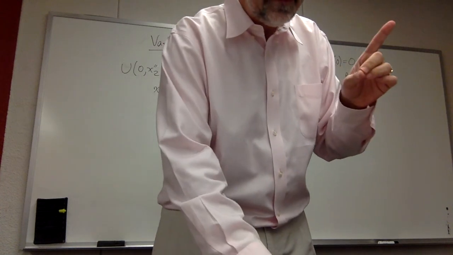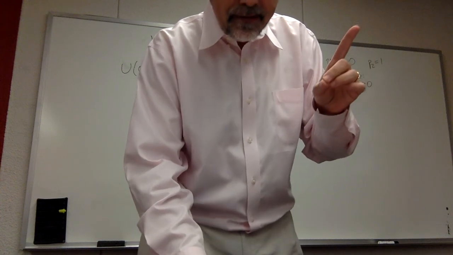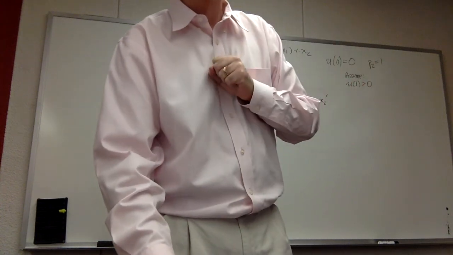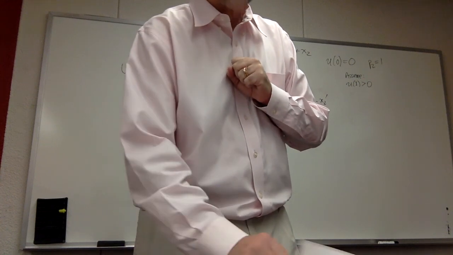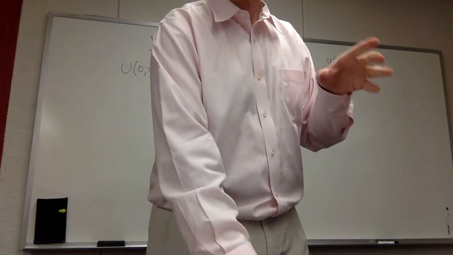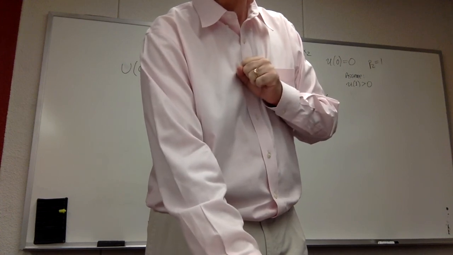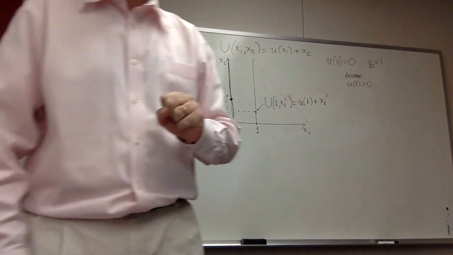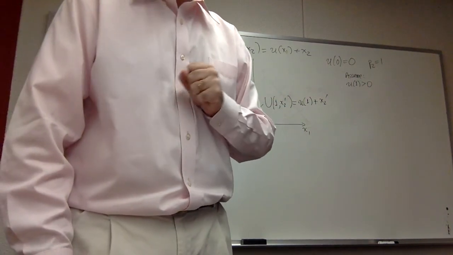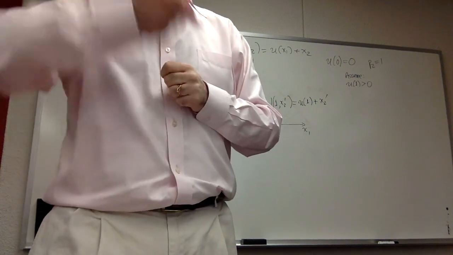So, for example, we have some identities in section 7.4. And those identities relate the expenditure function and the indirect utility function. Since he gives you the indirect utility function, and the first thing he asks is, what is the expenditure function? That's supposed to ring a bell in your brain.